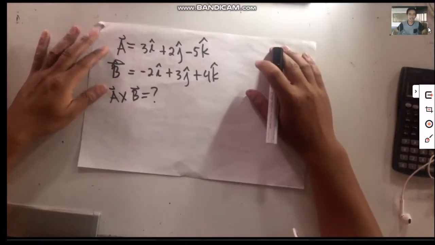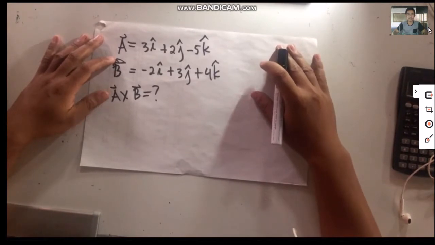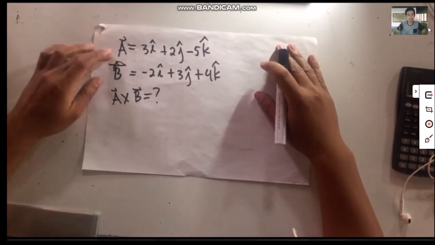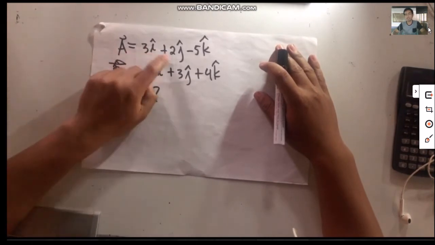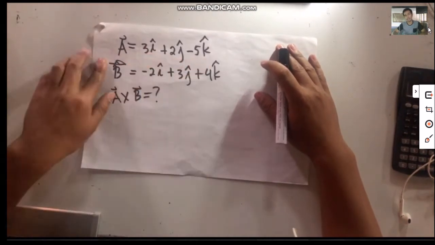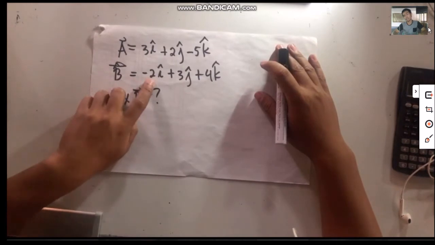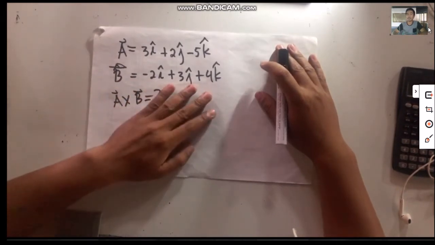So let us have an example of cross product of two vectors. Suppose these are the two given vectors. Vector A is 3i hat plus 2j hat minus 5k hat, and vector B is negative 2i hat plus 3j hat plus 4k hat.